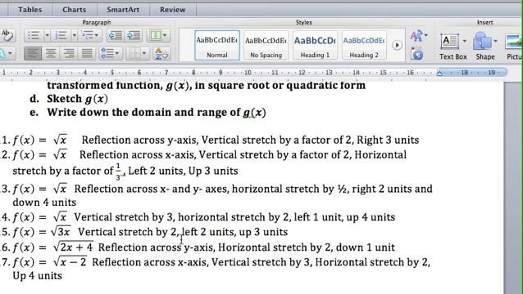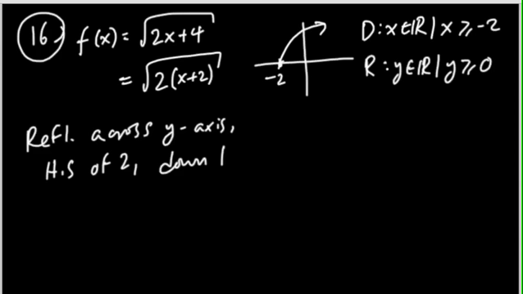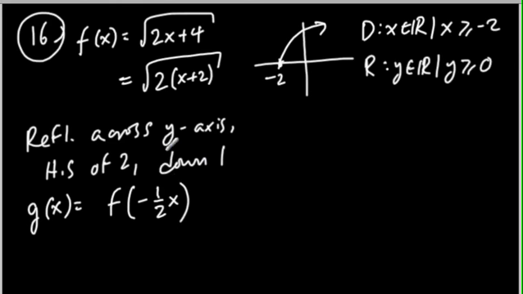Let me just make sure that's right. Yeah, great. So in other words, g of x is equal to, so reflection across y, and there's no vertical stretch, so it's f of negative, since horizontal stretch of 2, that would just mean negative half x. And there's no left or right, so we can just close this one. And it's down 1, so it's negative 1.